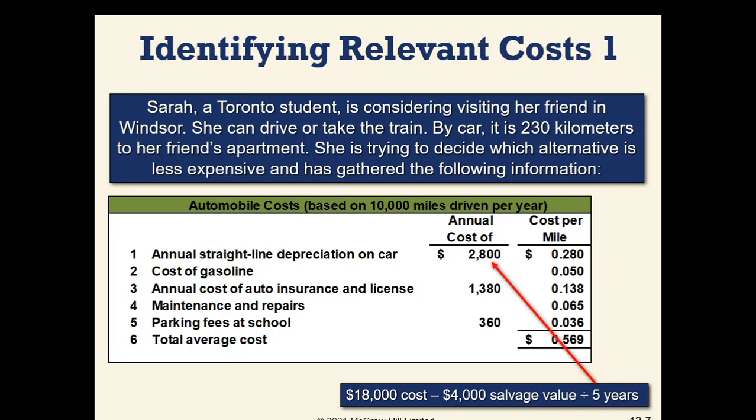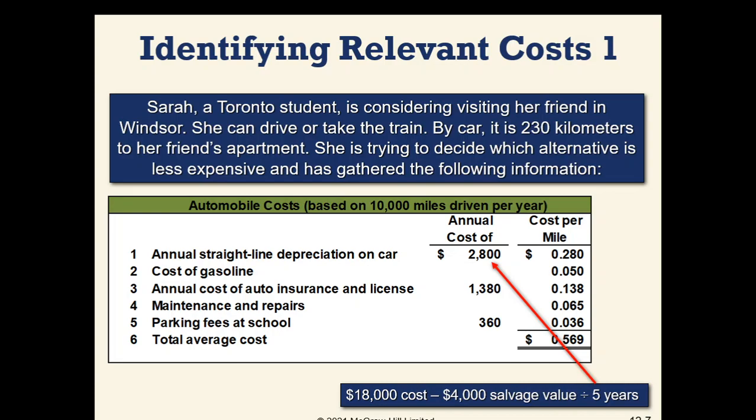Automobile costs are based on 10,000 miles driven per year. Annual straight line depreciation on the car is $2,800, which was calculated by taking 18,000 cost minus 4,000 salvage value and dividing by 5. This breaks down to 0.280 cost per mile. The cost of gasoline is 0.05 per mile.